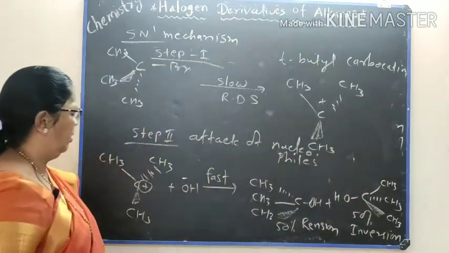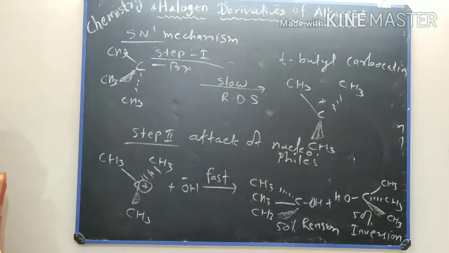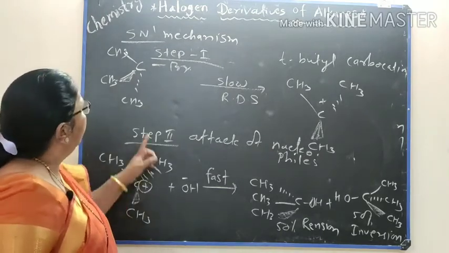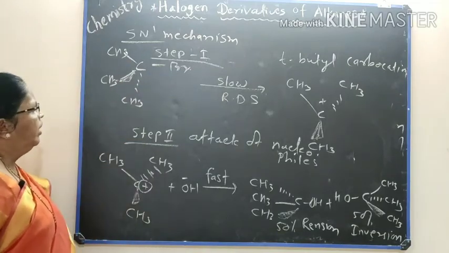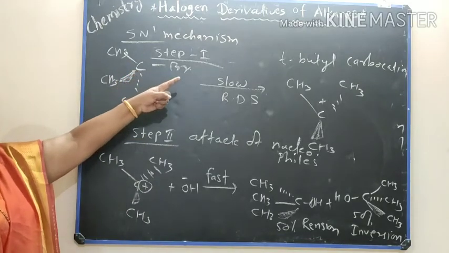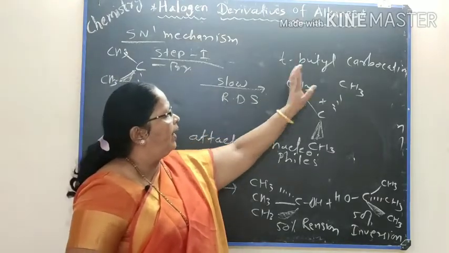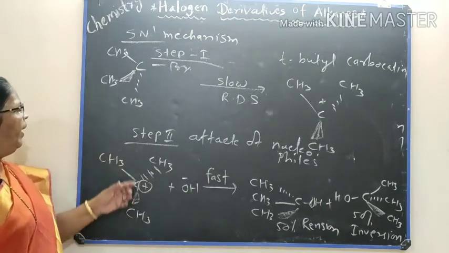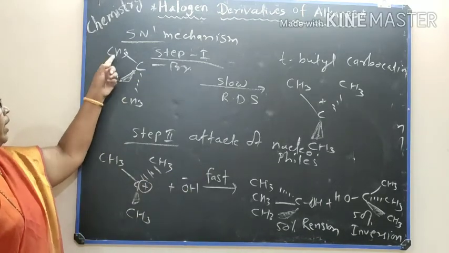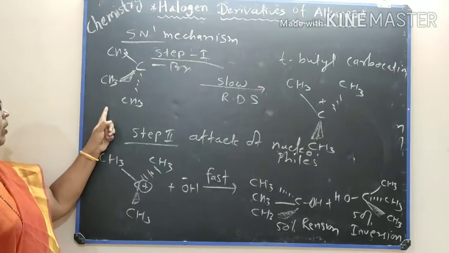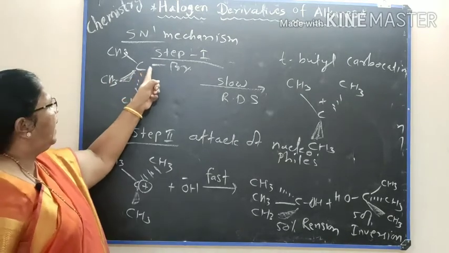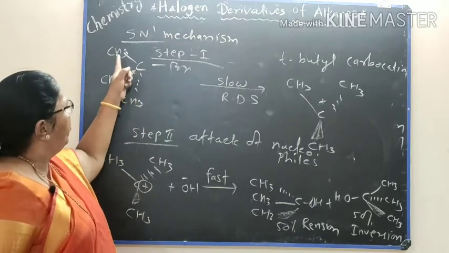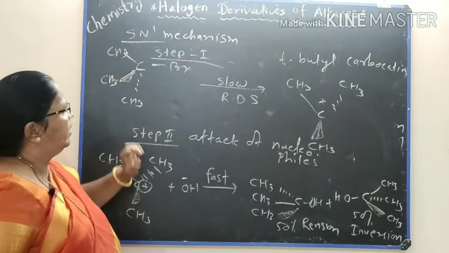Once again, see how the mechanism takes place. In case of SN1 there are two steps. First, formation of the tertiary butyl carbocation, and second, attack of the nucleophile. In 2-bromo-2-methylpropane, the bond C-Br breaks due to the negative inductive effect and the positive inductive effect of the CH3 groups.